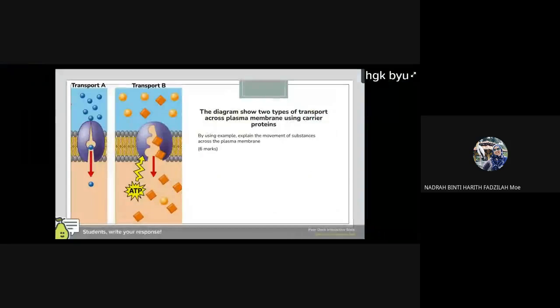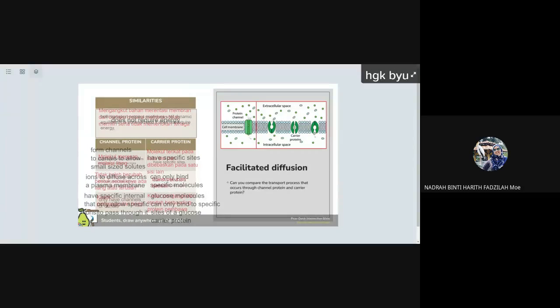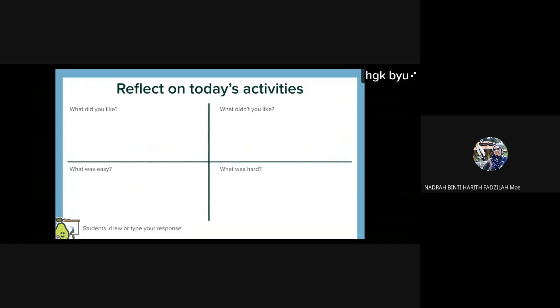So before we end our class today, I would like to summarize what we have just discussed. Number 1 is we have labelled the components of plasma membrane. Kita dah kena pasti komponen dalam plasma membrane. And then kita dah kena pasti sifat plasma membrane.